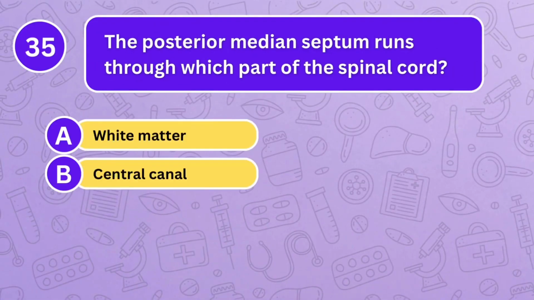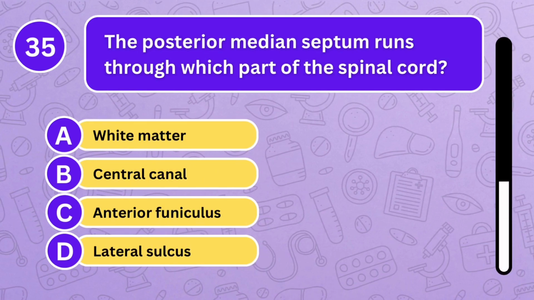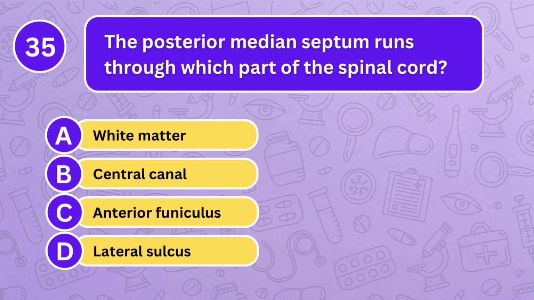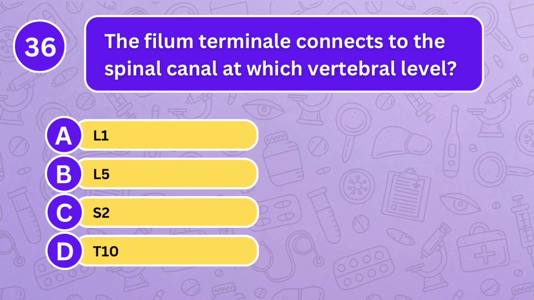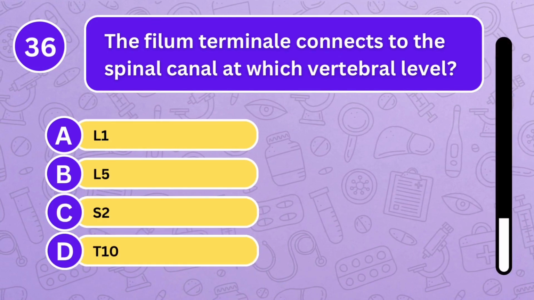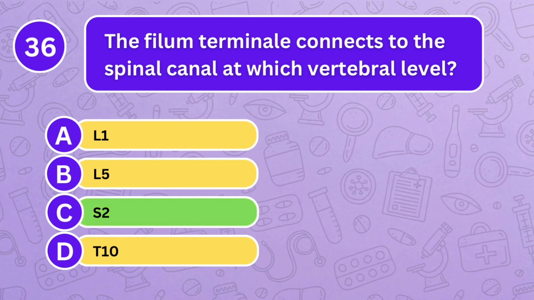The posterior median septum runs through which part of the spinal cord? White matter. The filum terminale connects to the spinal canal at which vertebral level? S2.